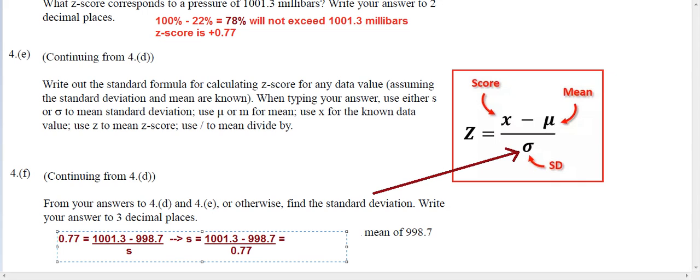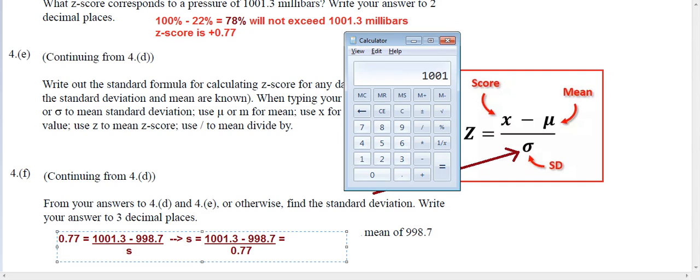Let's take the calculator. 1001.3 minus 998.7, which is 2.6, divided by 0.77.